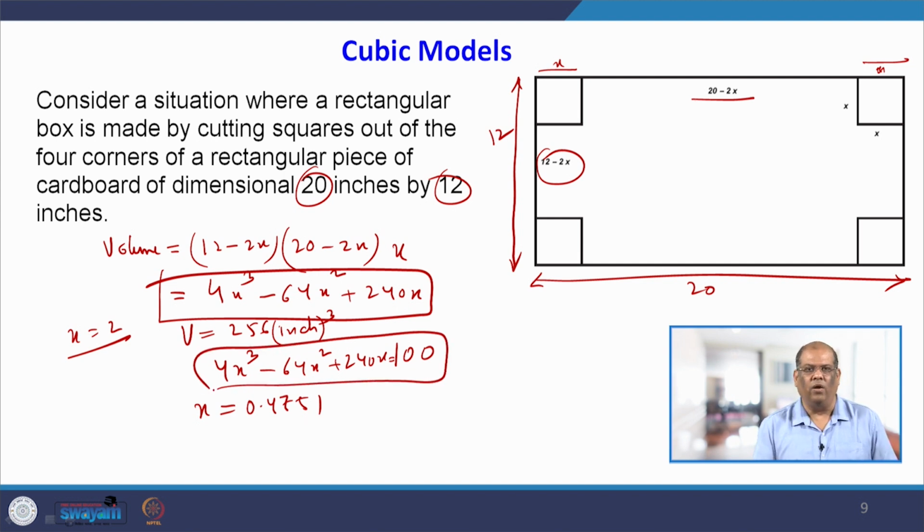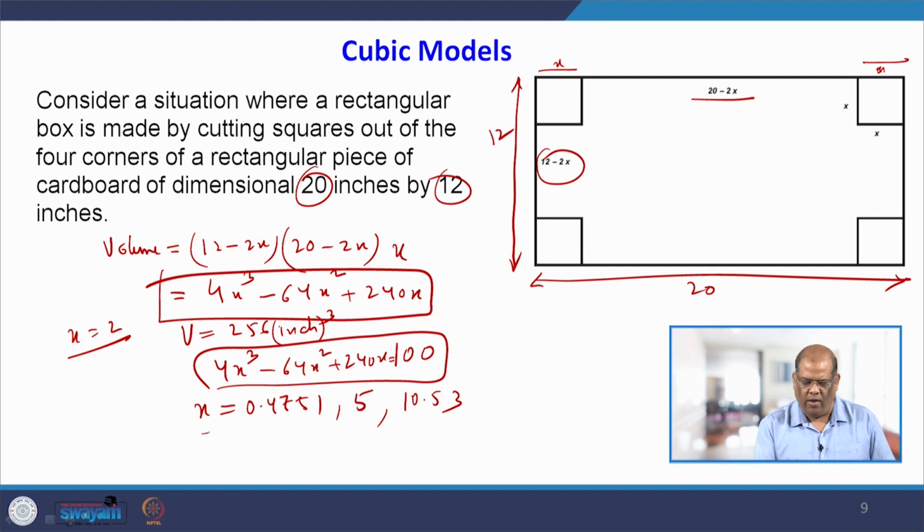So, if you do that, you will get the values to be x is 0.4751, 5 and 10.53. Now, if I substitute all these values here, I will get them. For 5 it is directly equal to 0. For the other two values, up to 2 places of decimal, the values are 0.